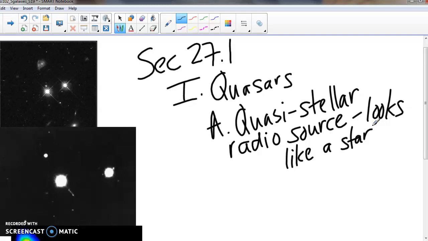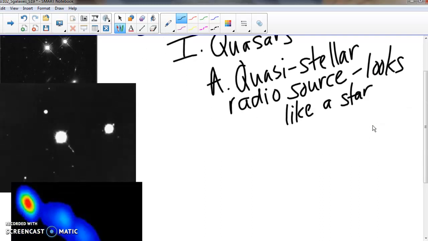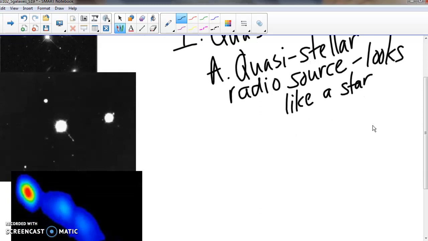But as we started to look at these things, and here's some pictures of them to the side, just like pictures of stars, we realized that they were very, very far away. This bottom picture here is what a quasar looks like in the radio.